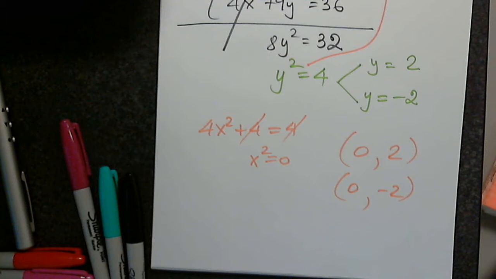I like to show this with the graphing calculator. I don't remember if the calculator has that. Try to find under apps. I don't know if this one has it. No? Okay.